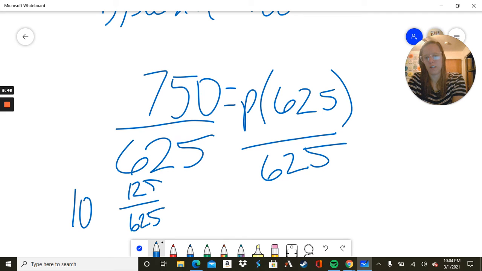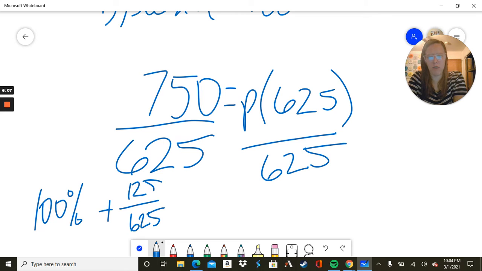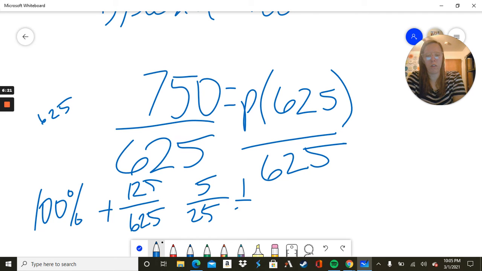So basically we have 100 plus that. So if we simplify, divide by 25, we're going to get 5 over 25 goes into 100 4 times.